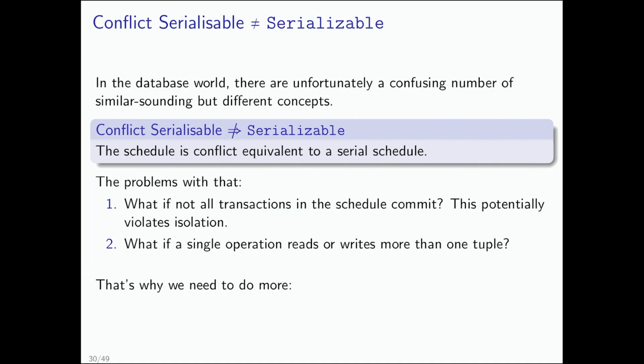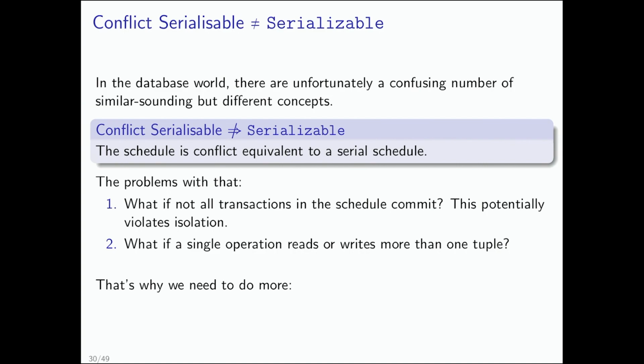So in the database world, I'm starting to summarize what we learned, because those are already the major techniques you need to know to understand how concurrency control works. But I'm now trying to contrast and clarify this confusing terminology you end up running into in the database world.